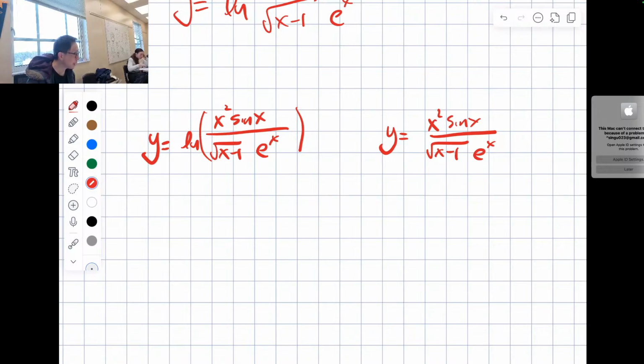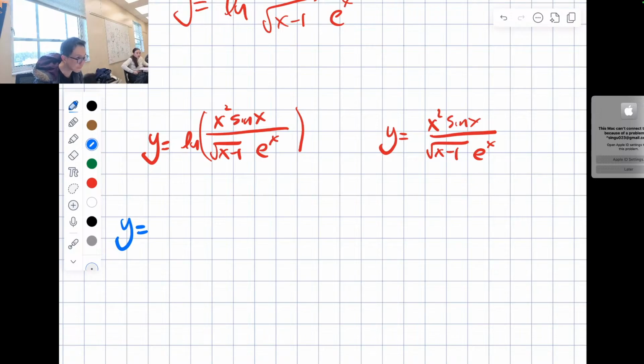So did you simplify correctly? Now, after you simplify, try to take a derivative if you can, but make sure each other simplifies correctly. So what is my y? 2 ln x plus ln sine x minus 1/2 ln of x minus 1, plus x ln e. Wait, is that plus or minus at the last sign? Plus x ln e.